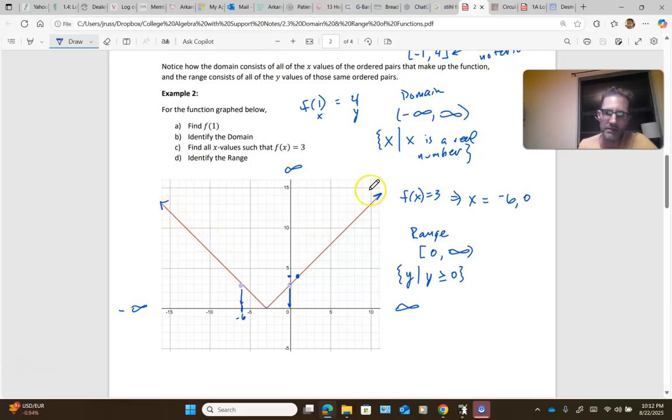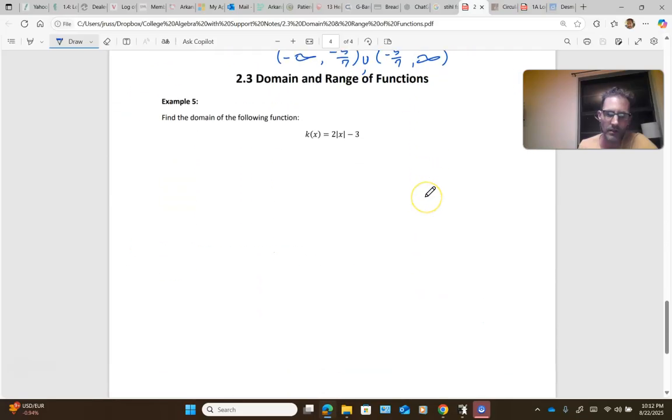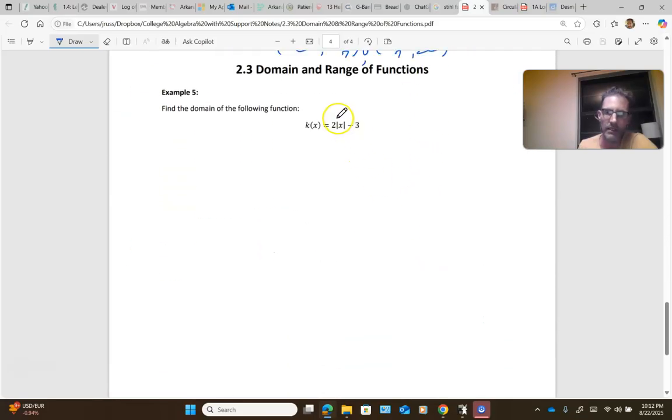And if you remember, we'll think back to this example too. The domain of this function is all real numbers, because it goes off in both directions, to the left and to the right. Or you can analyze it and think, well, if I take any real number and plug in for this x, it'll become a positive if it's not already, and if you double it and subtract 3 from it, you're going to get another real number.